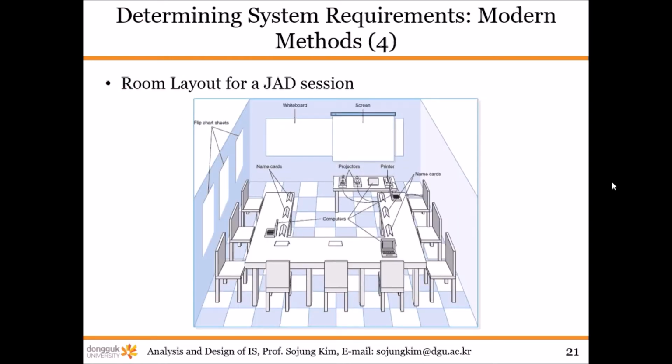Okay, so this is a layout for the JAD session. You have a screen here, a whiteboard, and a flip chart sheet as well. Then there are multiple chairs, a table, computers, and so on. Definitely we need a projector and printers. So this is more like a meeting for brainstorming.